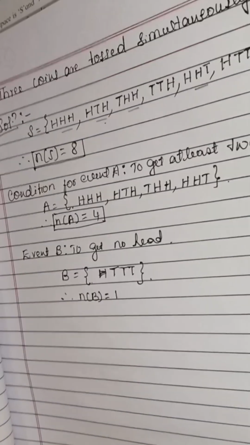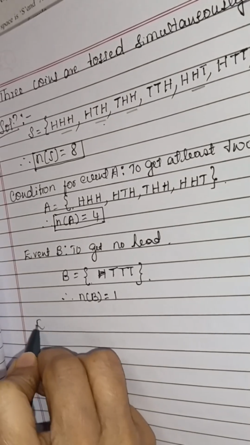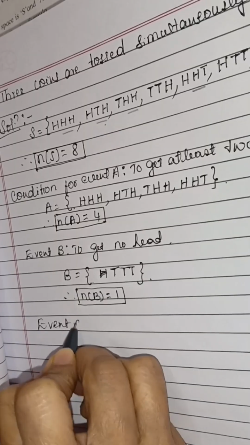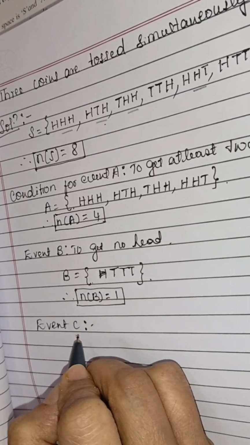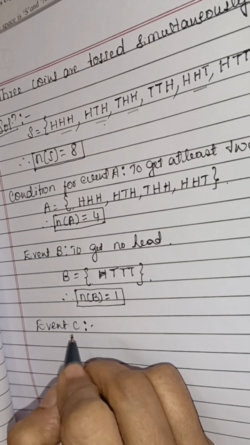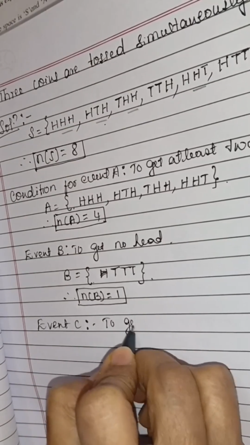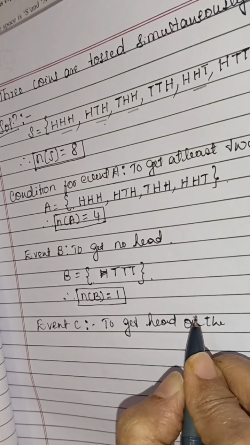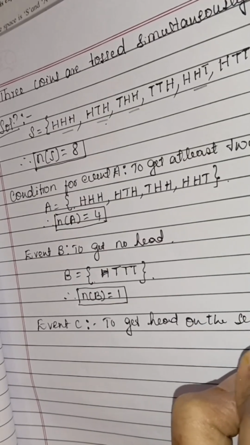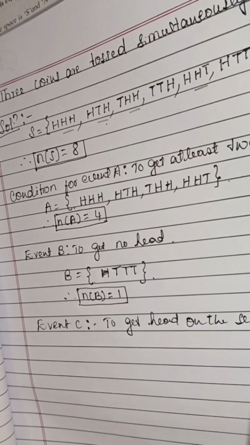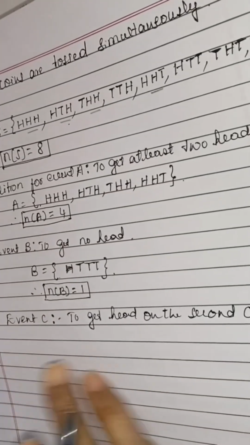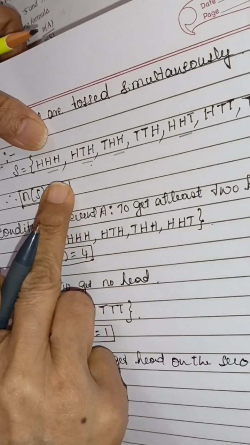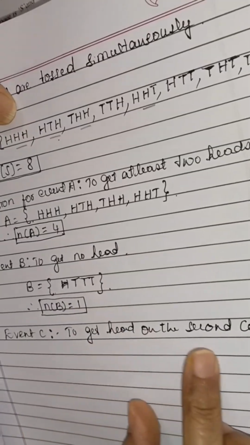Now event C is to get head on the second coin. From the sample space only you have to write the points with head on the second coin.